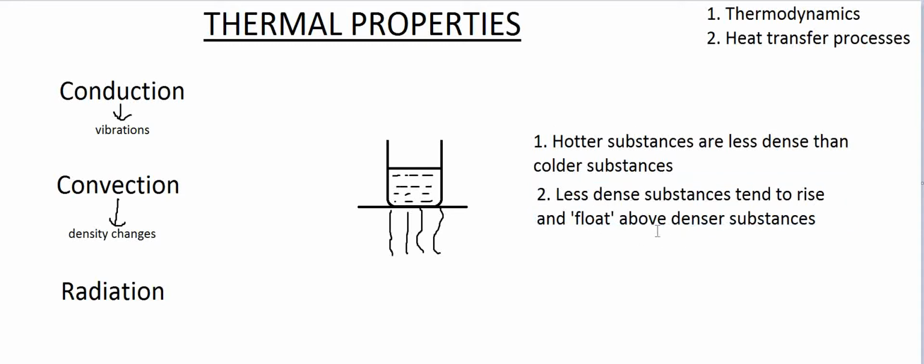This shouldn't be too hard to understand. I think you should already know this. Let's say you have oil and water, which is immiscible. The oil floats on top of water since it's less dense. So you need to understand these things. For convection, you've probably heard of convection currents. I'll type it out.